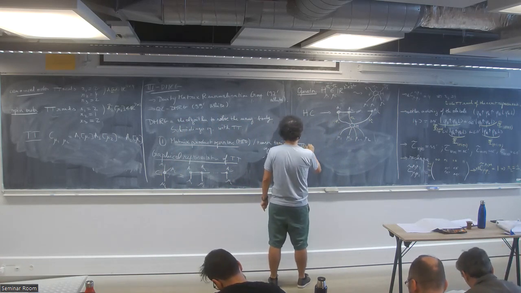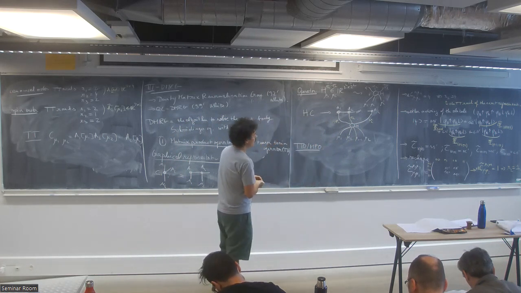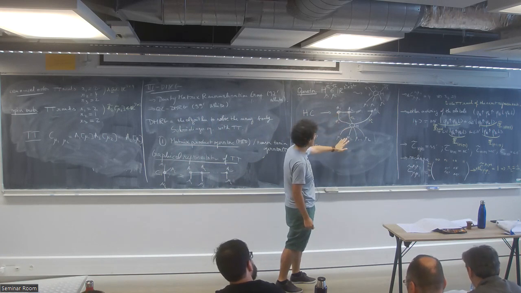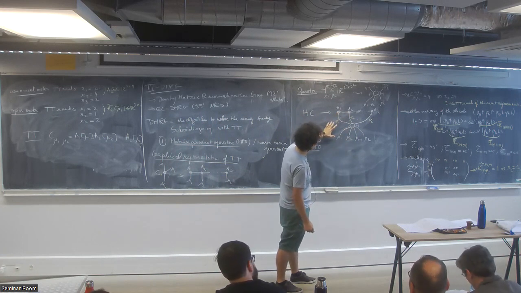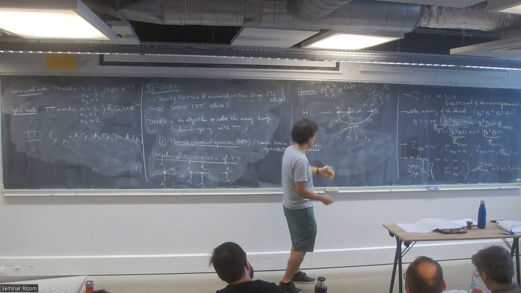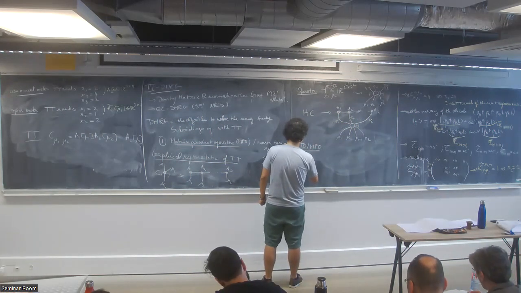So the idea is to write kind of an equivalent of the tensor train decomposition for the tensor, where you gather the mu1, mu1 index, mu2, mu2 index, and so on and so forth. So the idea is to write H.